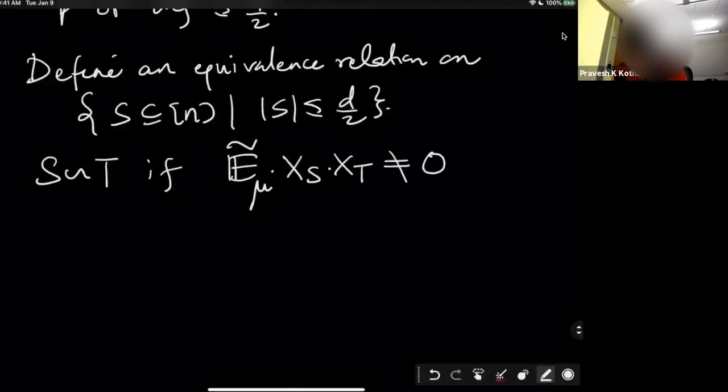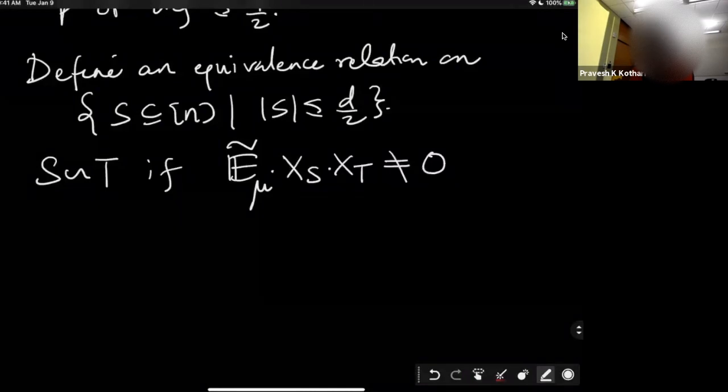Okay, so what does it say? I gave you a definition of a pseudo distribution. This equivalence relation splits the monomials into equivalence classes based on the relation that S and T are in the same class if the pseudo expectation under this definition mu of the product of XS and XT is non-zero.